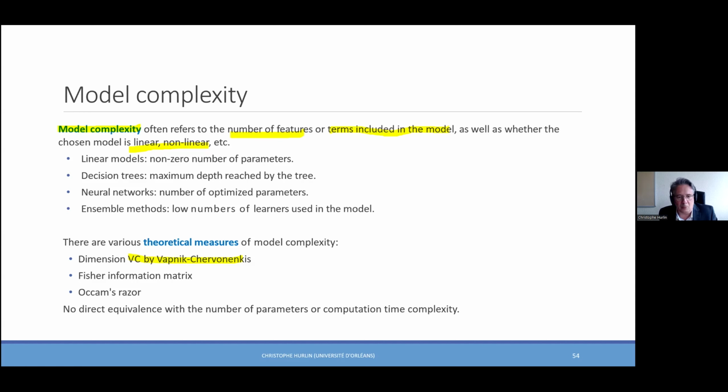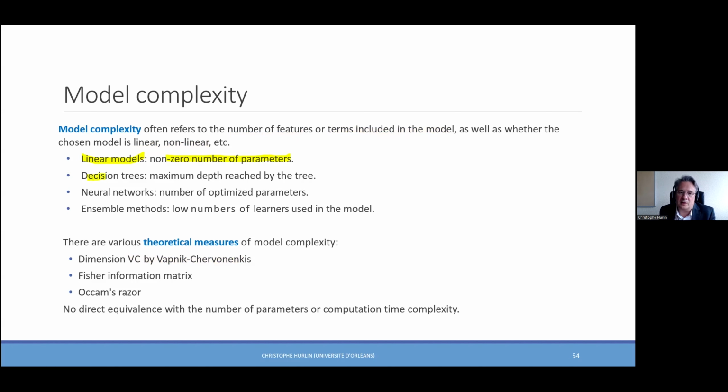At this stage, you don't know any machine learning algorithm, but let me consider that a linear model is a machine learning algorithm. Then the complexity is simply the number of non-zero parameters.